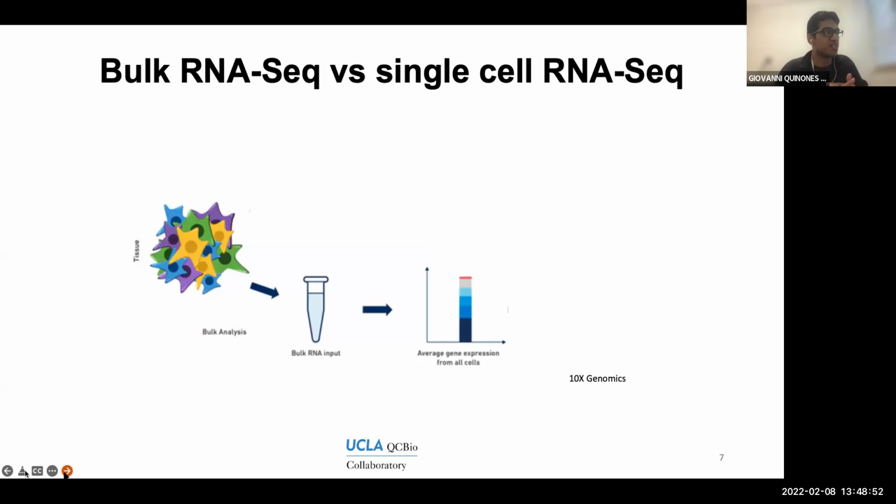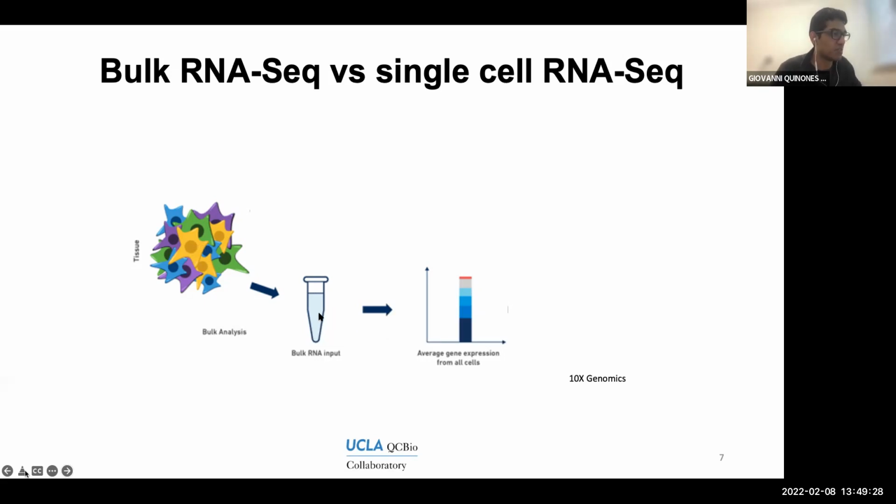So traditionally, this process of RNA sequencing has been done in bulk. Now, what does it mean to sequence RNA in bulk? In this diagram, we can see that we'll usually start with some tissue. And as you can see, a typical tissue will be made up of different types of cells. The way bulk RNA sequencing is typically performed is that you obtain all these cells and purify RNA from them at the same time.